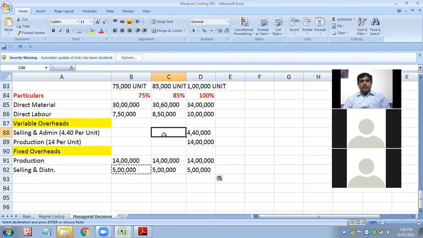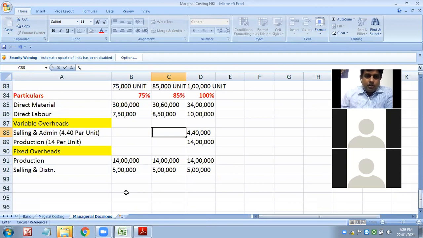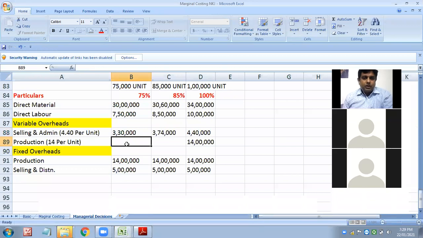Get me the answer for these two, 85% and 75%. You haven't calculated till now, none of you. 3,30,000 for 75%. And 3,74,000 for 85%.